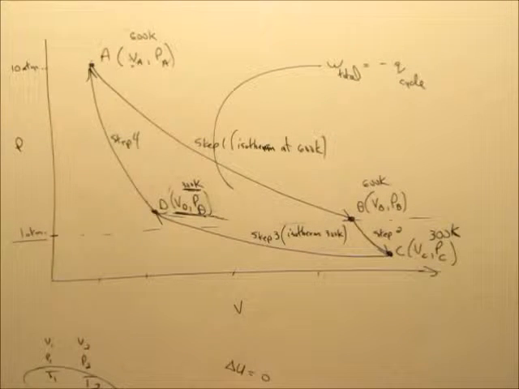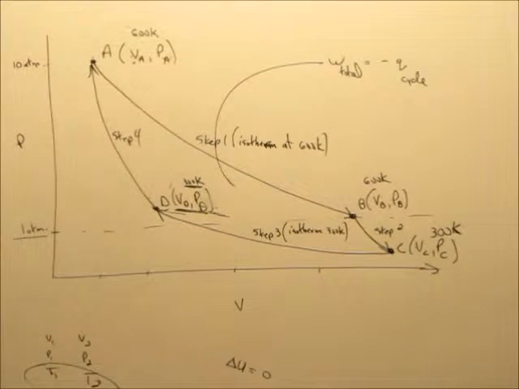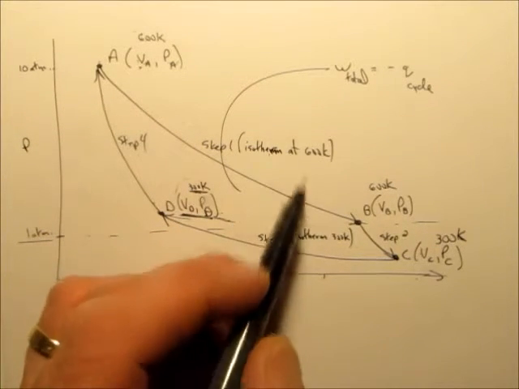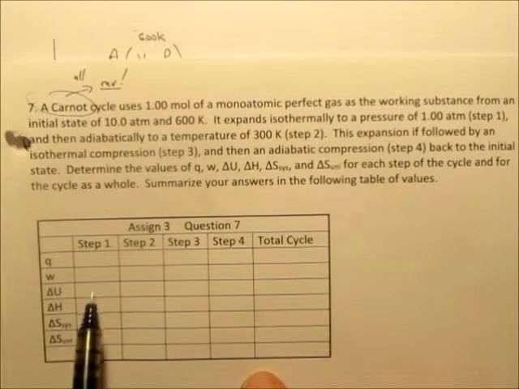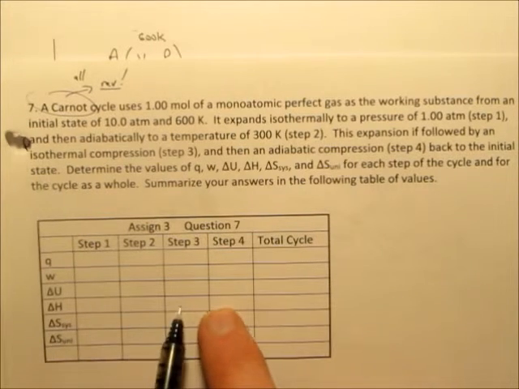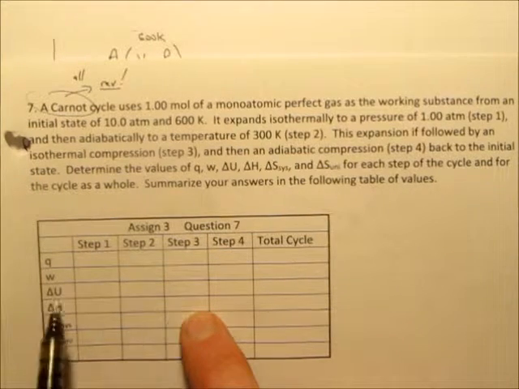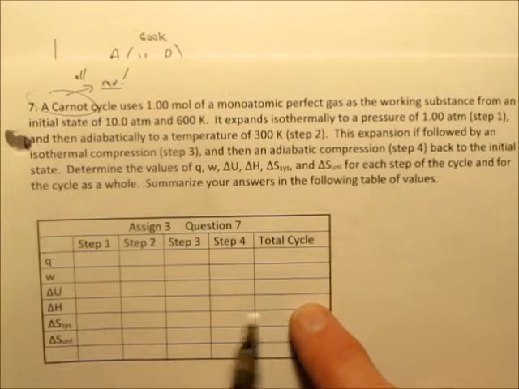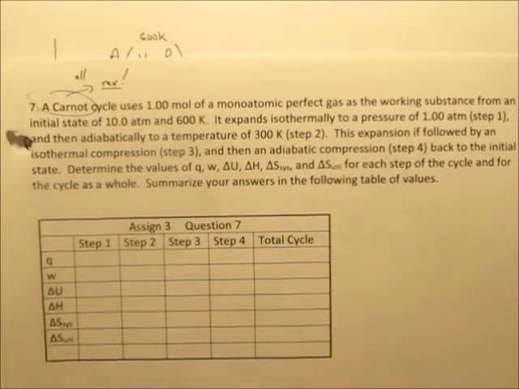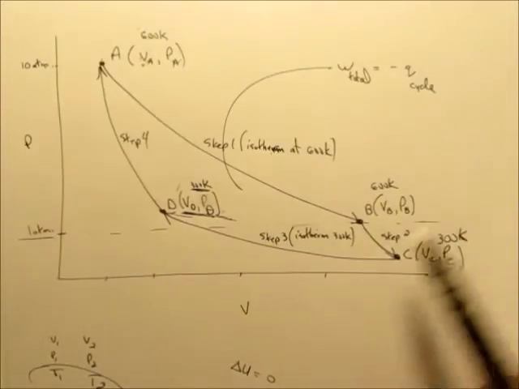So step 1 and step 3 are isotherms, meaning the temperature did not change. So right away for step 1 and step 3, that's 0 and that's 0, this 0 and this 0. And the change in these for the whole cycle has to be 0, which means whatever happens in 2 will be the equal and opposite of 4 for these. Right? That's a fact.